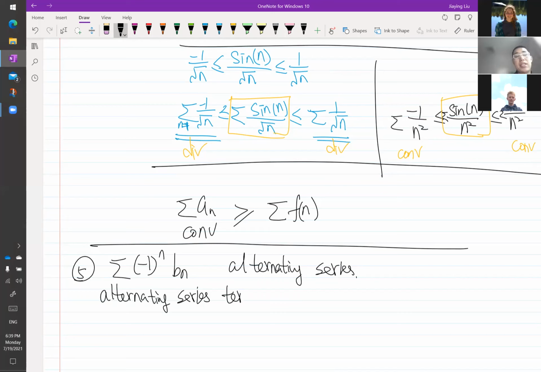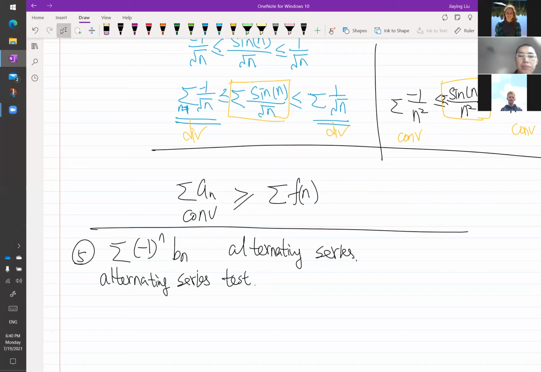I'm not saying that's the only test you could use. There could be other tests that work. The comparison test might work, or the ratio test or root test. But if none of that works, you might want to try the alternating series test.